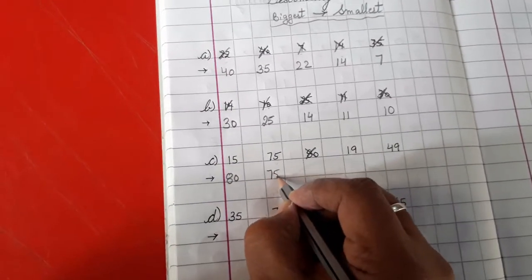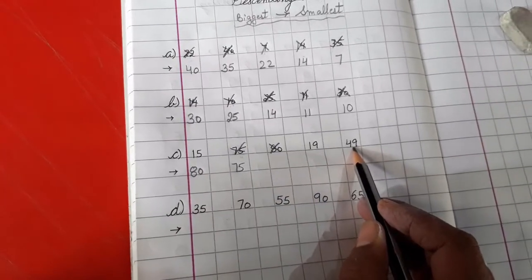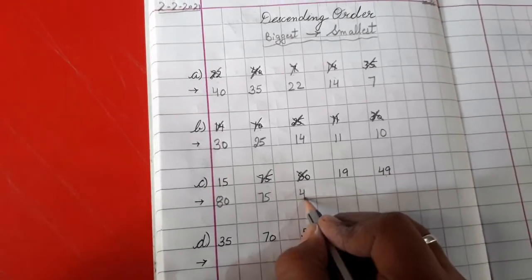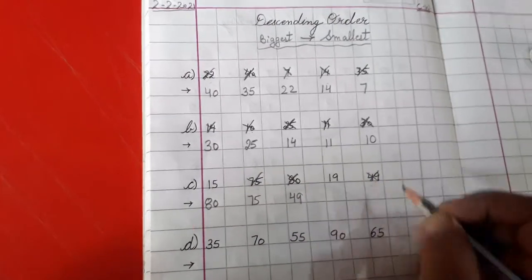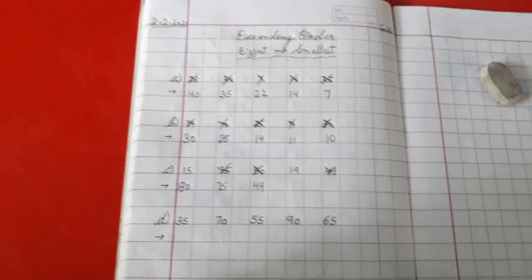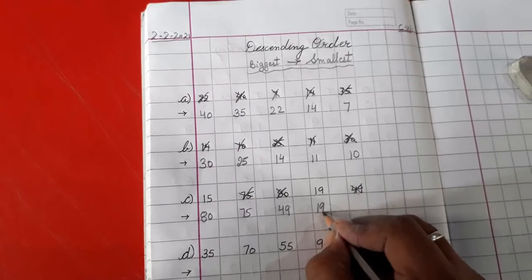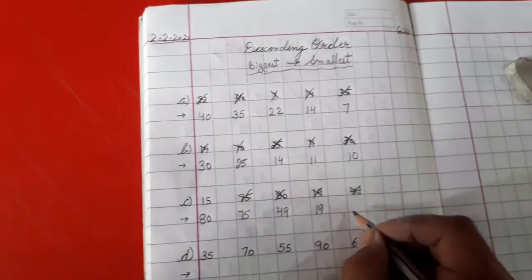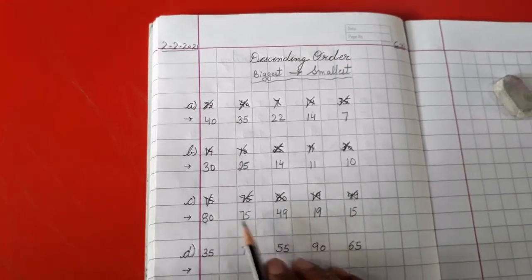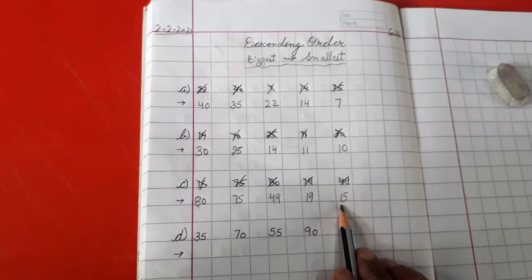Yes. So now we will copy this. Now we have 15, 19, 49. So we have 49 here. We will write 49 and cross. Now we have 15 and 19. So can you tell me which one is bigger? 19 is bigger. So we will copy 19 and cross. Last we have 15. So copy 15 and cross. So we have 80, 75, 49, 19, 15.